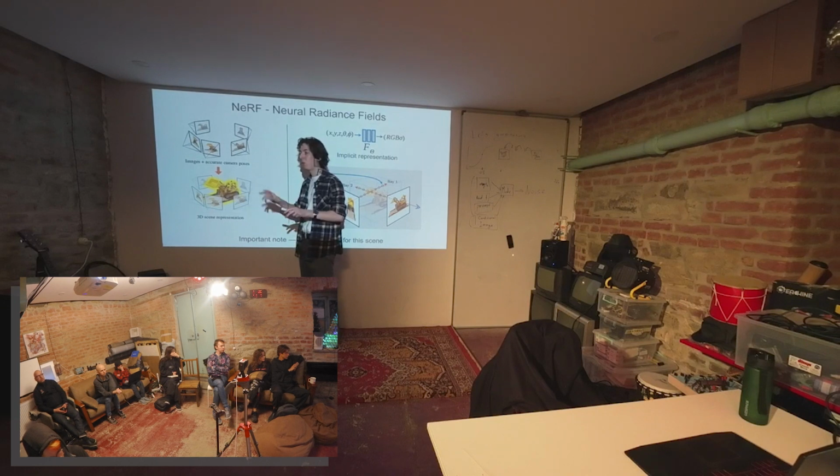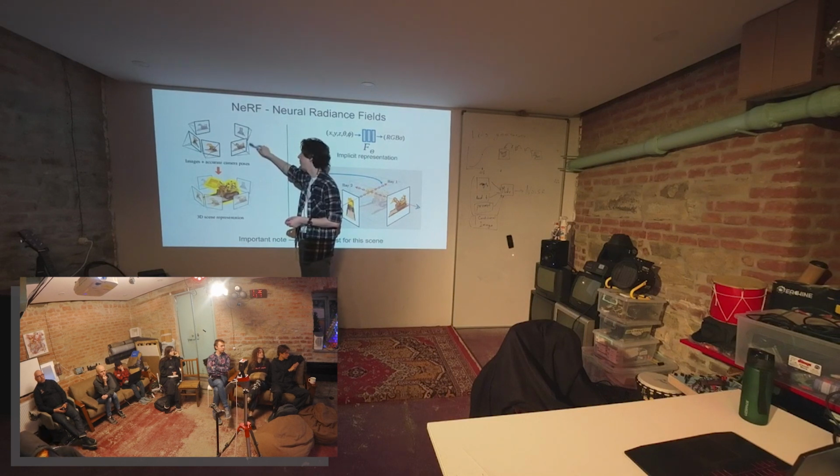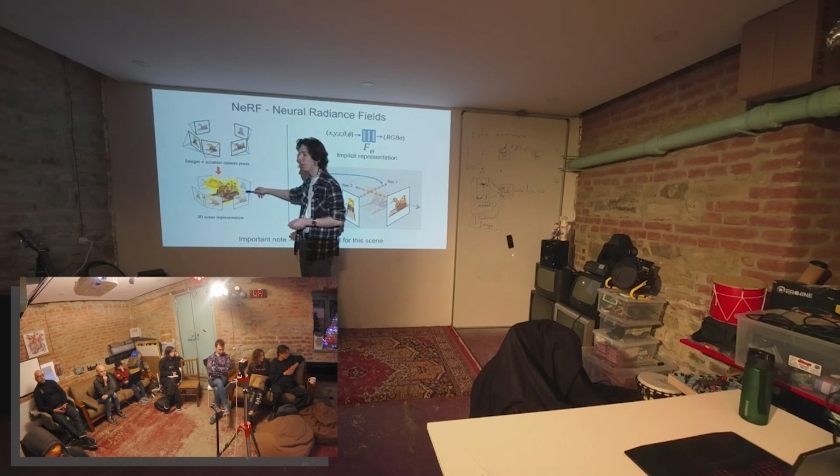There was an older science called photogrammetry that did this with older, more classical computer vision approaches. You give it images, and then it reconstructs the 3D model of the object in the images. But now there's a way that does this using machine learning and a neural network.